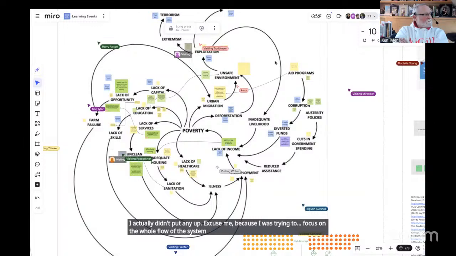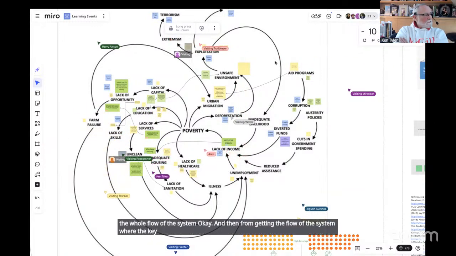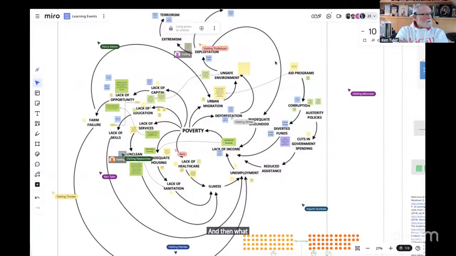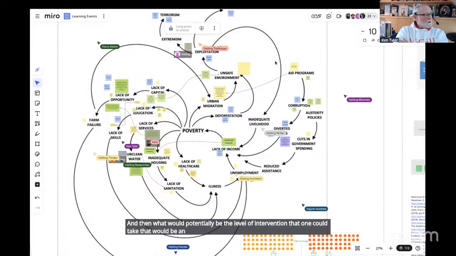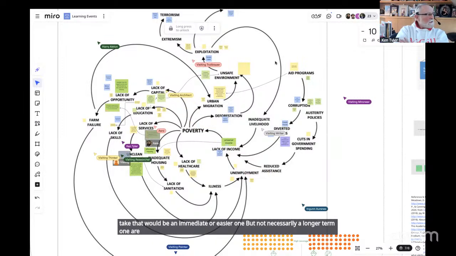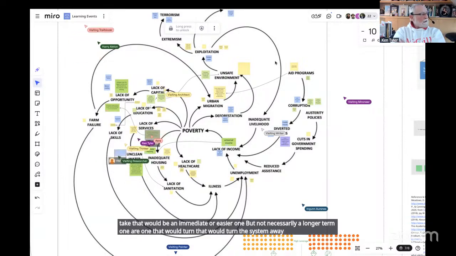Getting the flow of the system, where the key nodes are, and then what would potentially be the level of intervention that one could take that would be an immediate or easier one, but not necessarily a longer term one, or one that would turn the system away from its cycles right now.